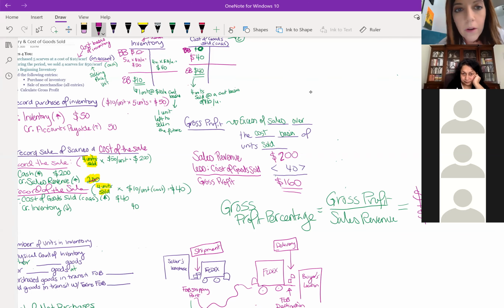So for every $1 of goods sold, 80 cents of that dollar goes to covering our other operating expenses and providing profit, net income to the company. That's extremely high. Most companies are not going to have 80% as their gross profit percentage. But the calculation for it is the same.